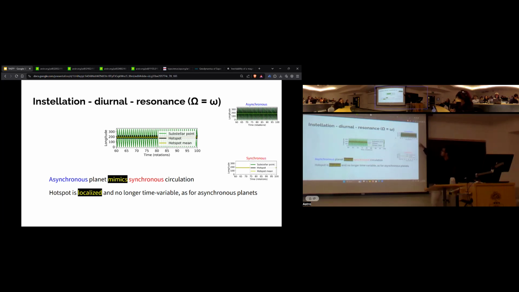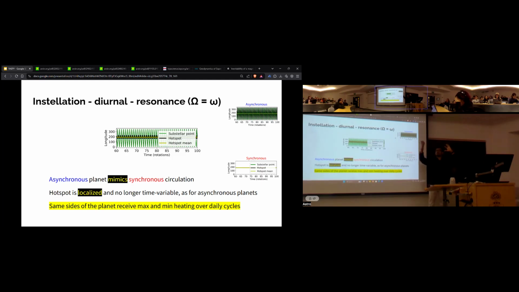And if you compare, this is asynchronous, so your green line is still going around the planet, and the black line is thicker over here, it's overlapped, so you cannot see the planet. And this is because, if you think intuitively, this is the star, this is the planet, and the star goes to its maximum. One of the faces of the planet is irradiated, and then when it goes to the minimum, it turns around.